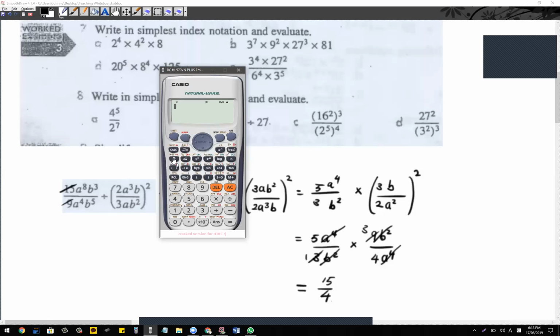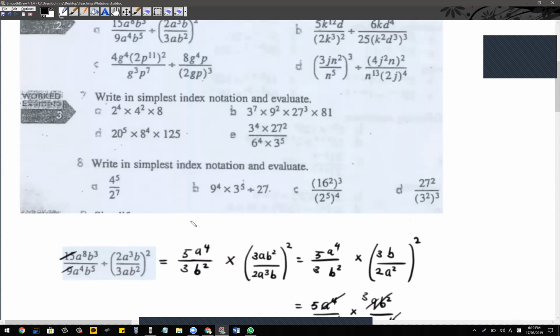Just taking the 15 on 4, divided by the bracket 2 on 3, if these are all the numbers in the square, it is going to be 5, that's 5, 3, that's 9, 4. Oh, sorry, this is 15 on 9 here. It is 15 on 4. So 15 on 4 should be correct. Okay.